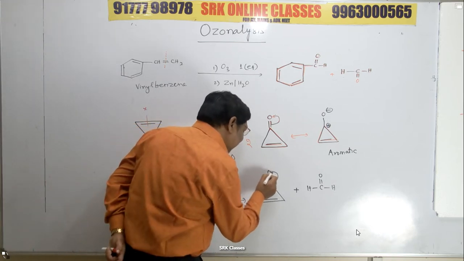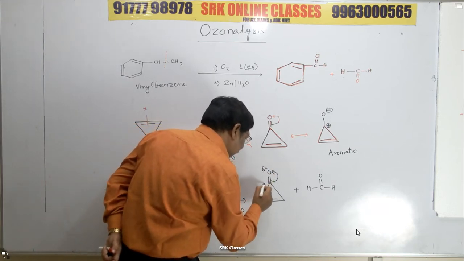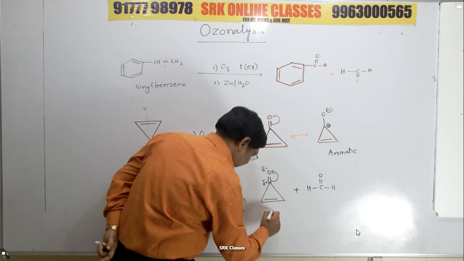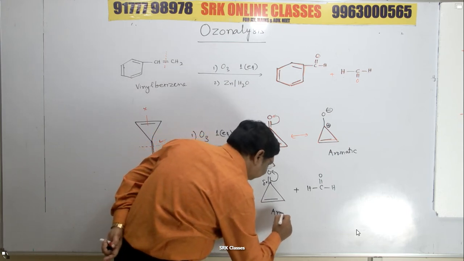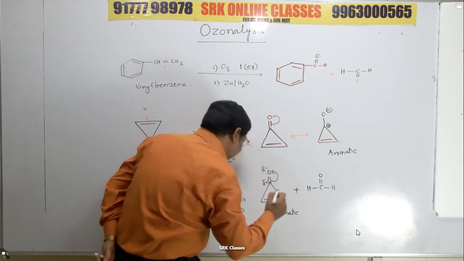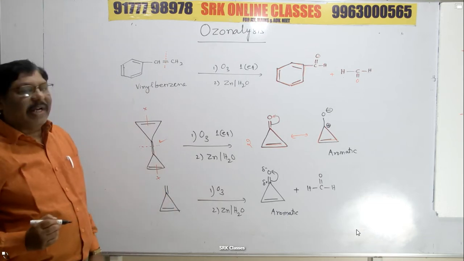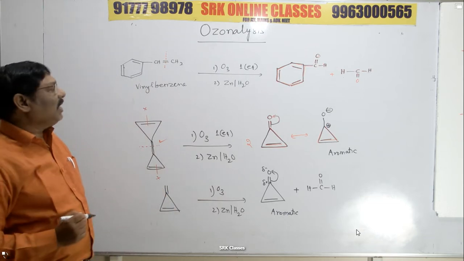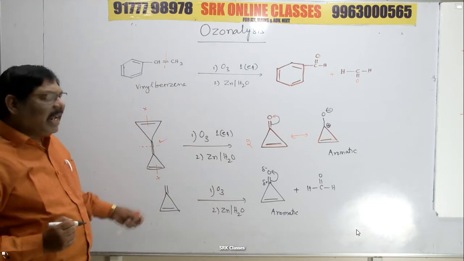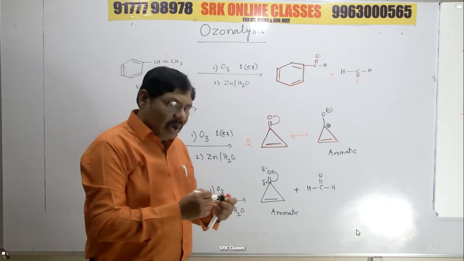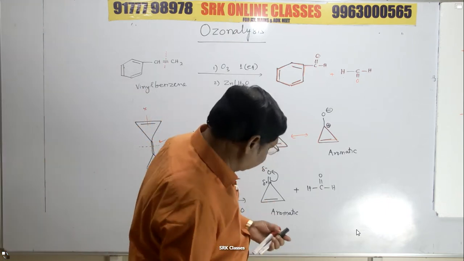Just like the previous one, it is shifted here, negative charge and positive charge. This is aromatic. Therefore, this is selective reductive ozonolysis of some cyclic compounds I have given. We'll take some more examples of ozonolysis for cyclic compounds.